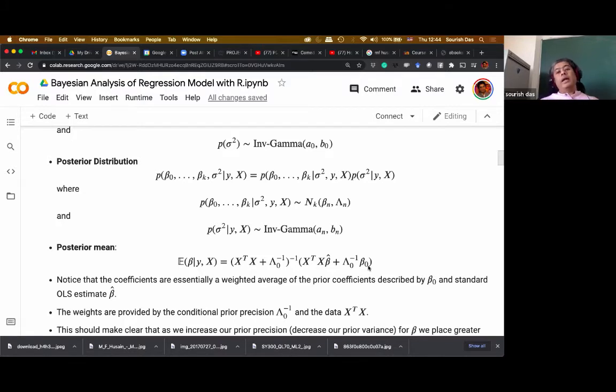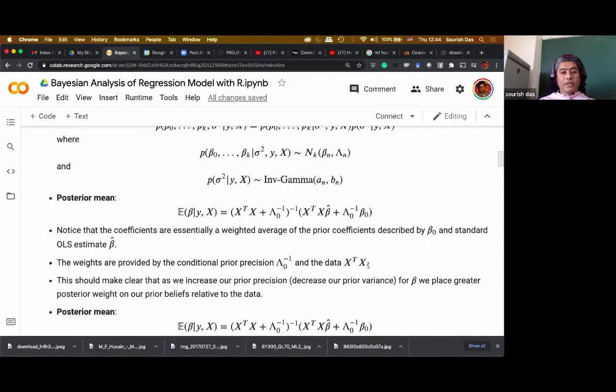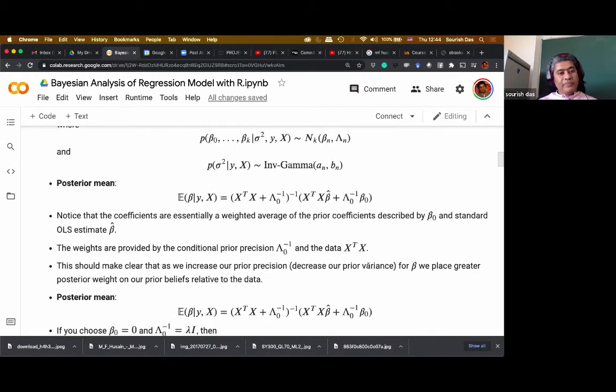In fact, in my thesis, I showed that you can show this for any distribution which belongs to the class of generalized exponential family. You can show this result that posterior mean is the weighted average of prior mean and likelihood estimates. So that's a very interesting result.